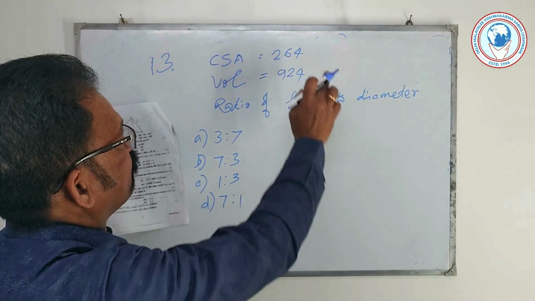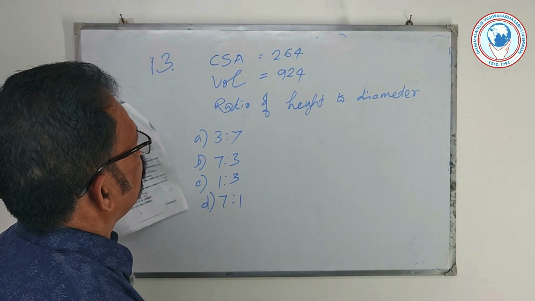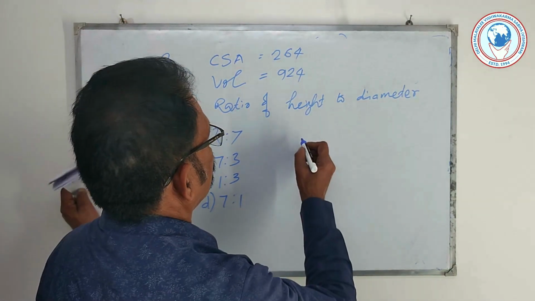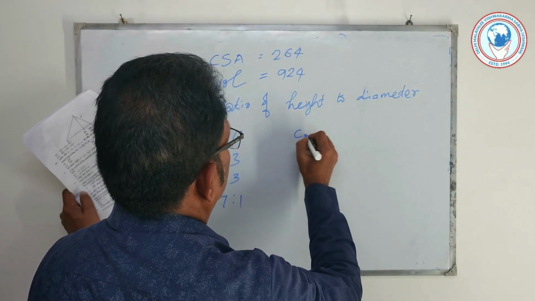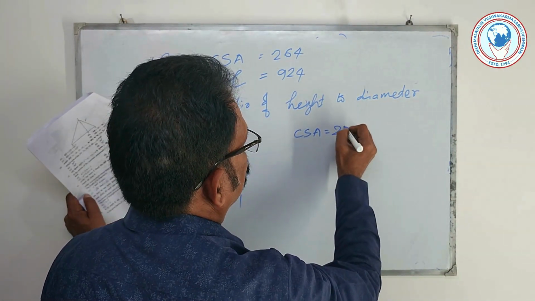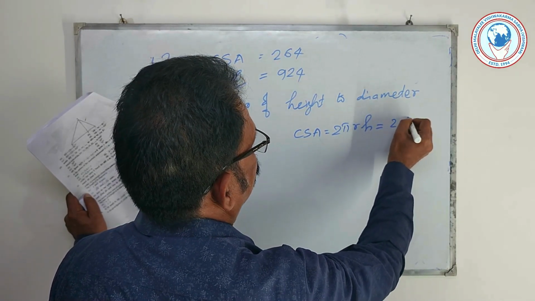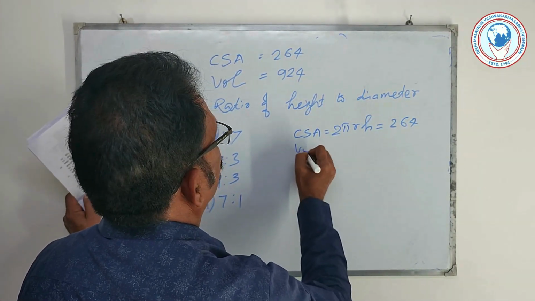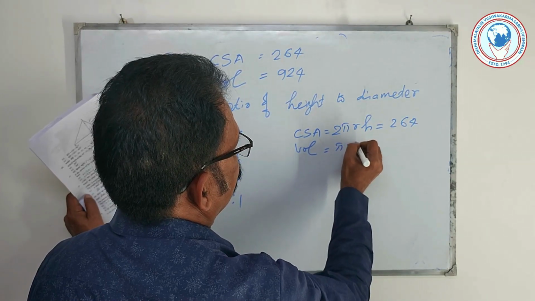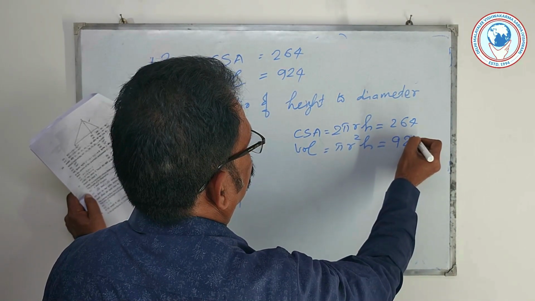Curved surface area is 264 and volume is 924. CSA of cylinder is 2 pi r h, that is equal to 264, and volume pi r square h is equal to 924.